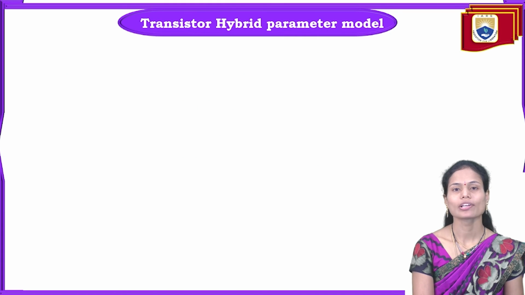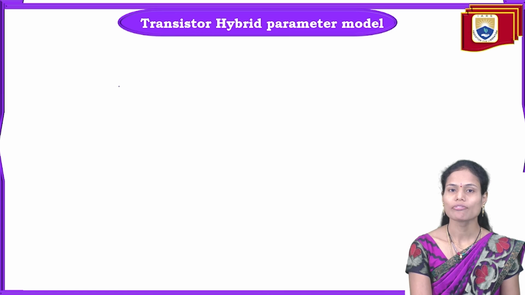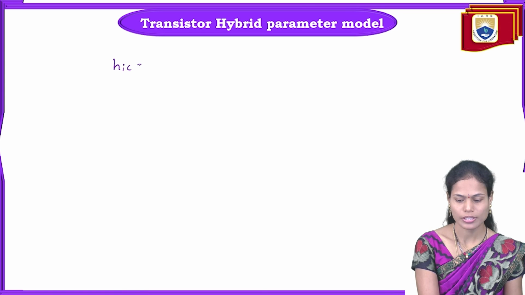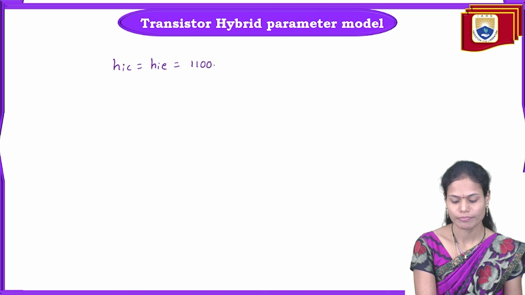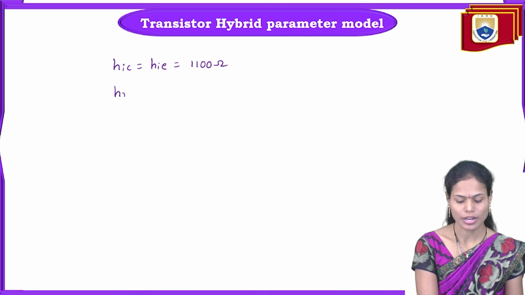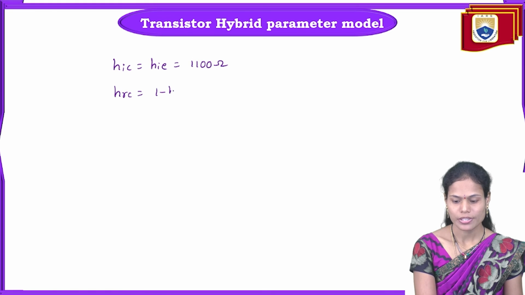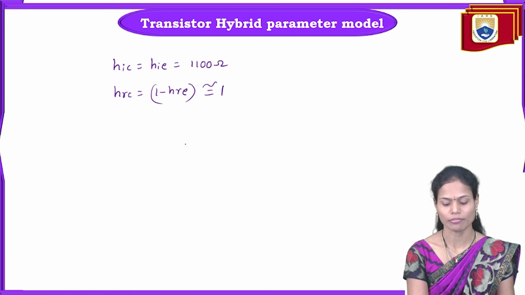Before calculating the values, first of all, we have to convert the H parameters into the common collector configuration. That is, HIC is equal to HIE, so the given value is 1100 ohms. Next, HRC, the reverse voltage gain, is 1 minus HRE, which is approximately equal to 1, because the HRE value is much less than 1.